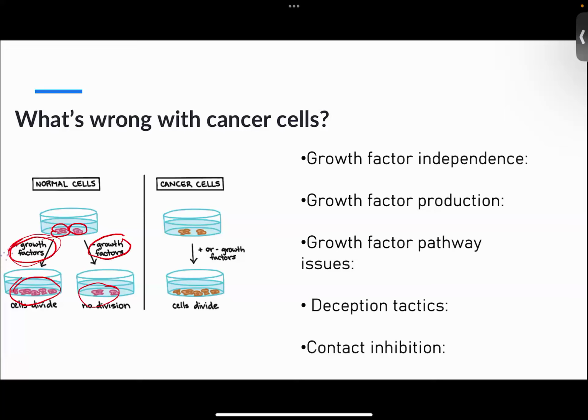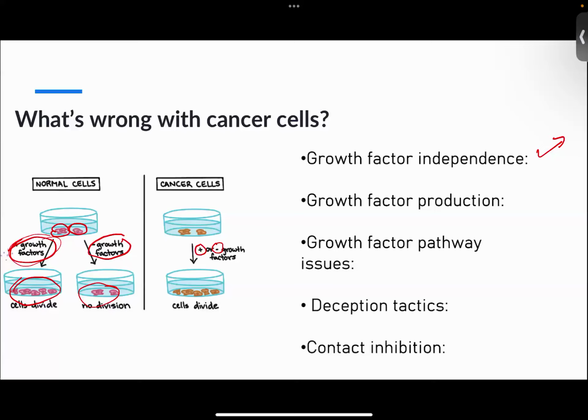However, in a cancer cell, with or without the growth factor, the cells keep on dividing. This is growth factor independence: cancer cells don't require external growth factors like normal cells do.